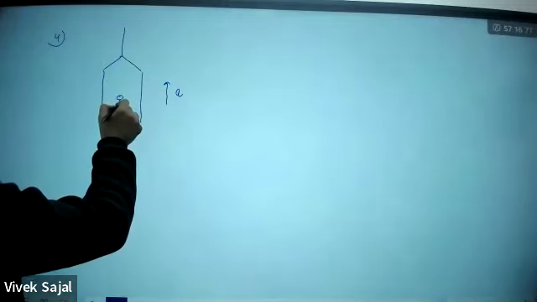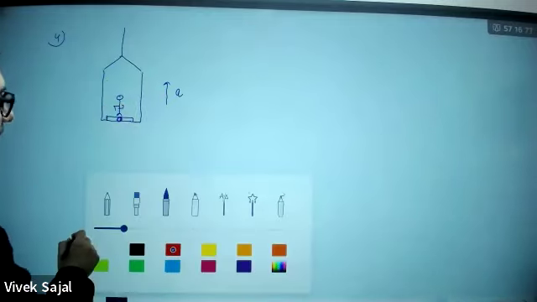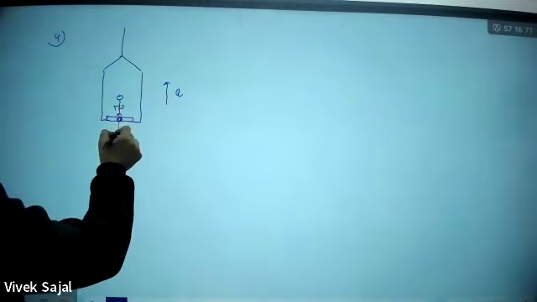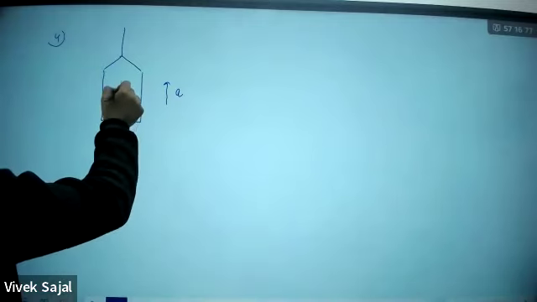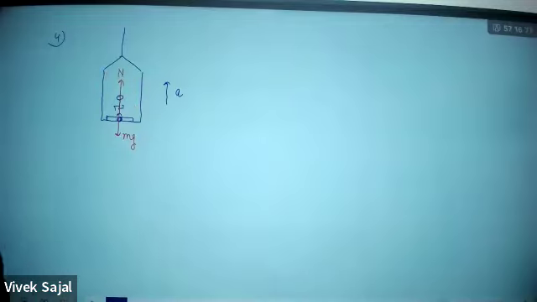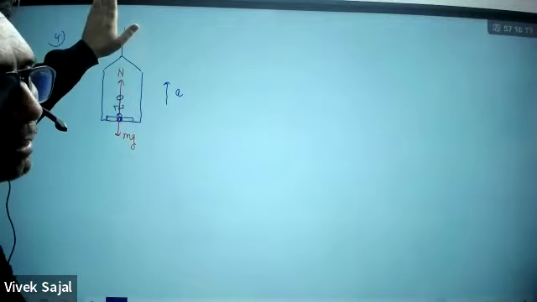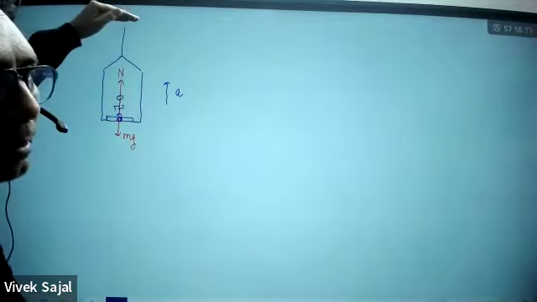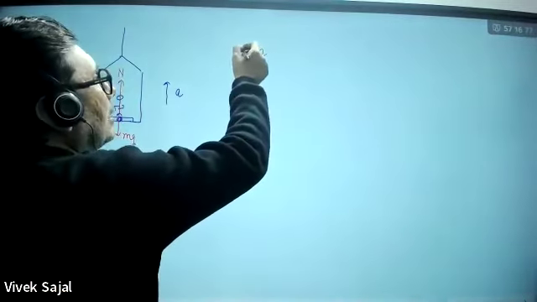So the person is standing here. Weight of this person is acting in the downward direction, mg. The normal reaction this person is going to observe by this weighing machine will be N. Now overall this person is moving in the upward direction because the lift is moving in the upward direction. So acceleration of the person is in the upward direction.